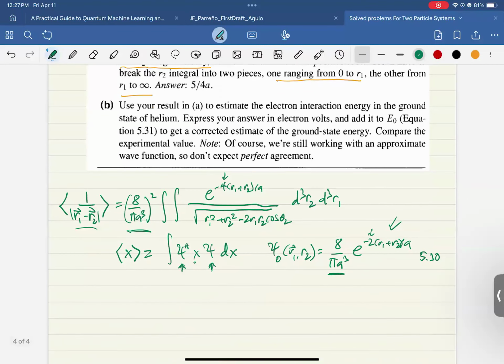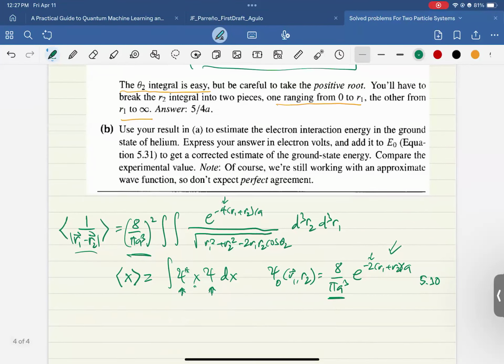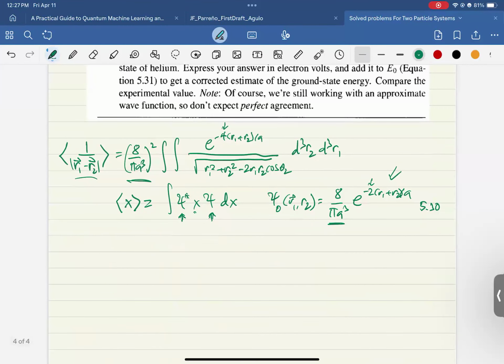We have double integrals kasi we have two variables, R2 tsaka R1. And ang suggestion is to do D3R2 first, okay, using spherical coordinates and then setting the polar axis along R1. Okay. So, I hope naintindihan nyo kung saan galing itong equation na ito.